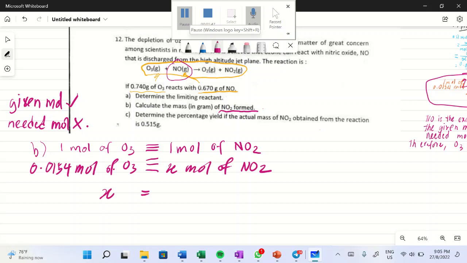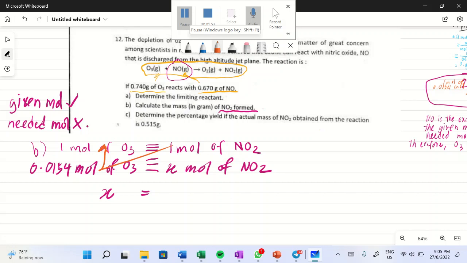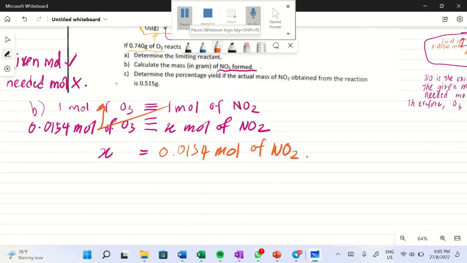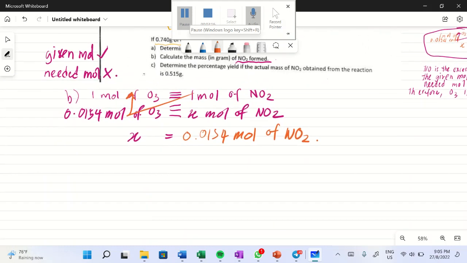So X here is equal to, you're supposed to do it like this, but if you're fast enough, X is equal to 0.0154 mole of NO2. So you cut the mole, and we go back to basics. You want the mass of NO2.